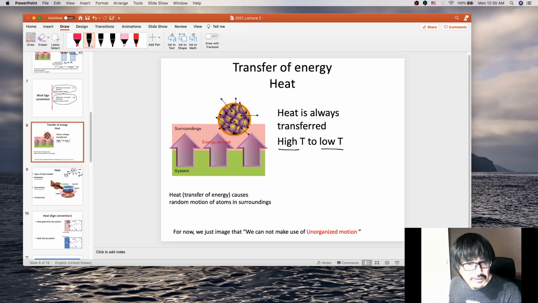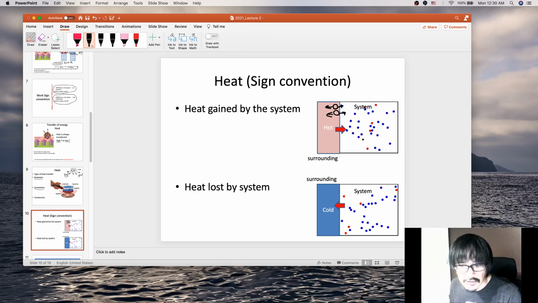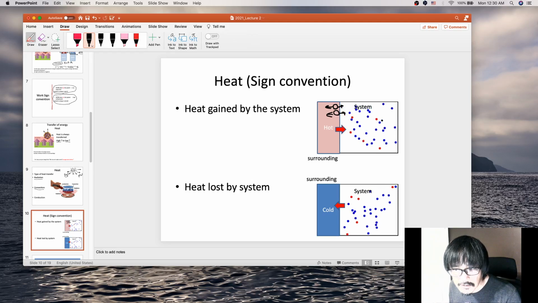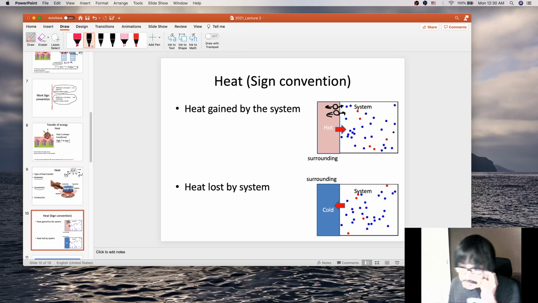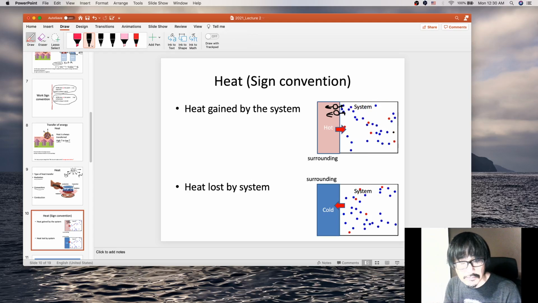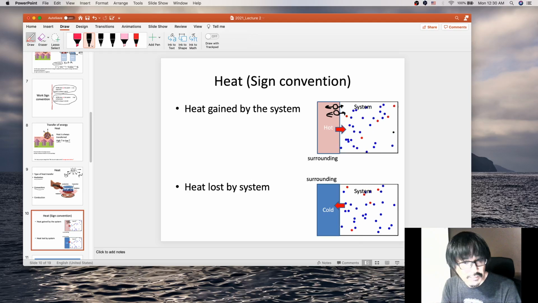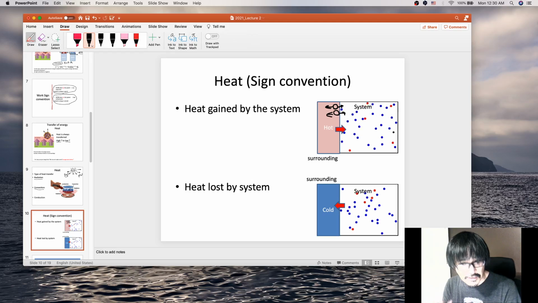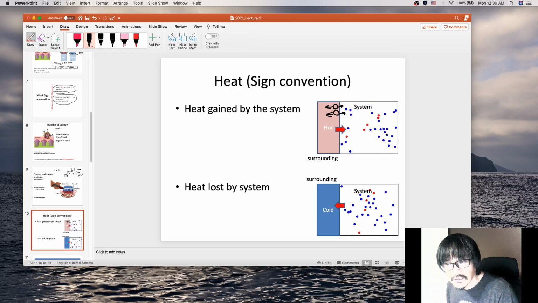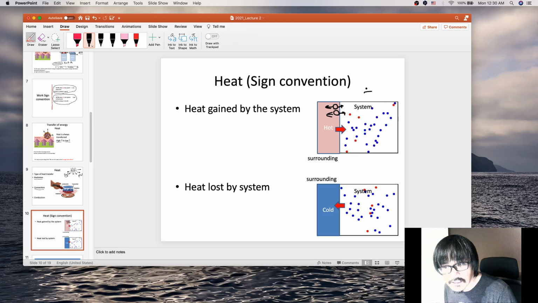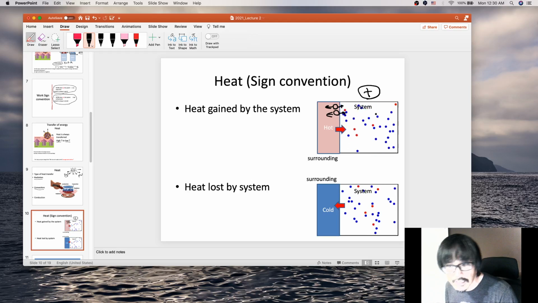So any motion of these molecules is intensified in this particular system. The system is gaining more energy, so the heat gained by the system is positive right here.